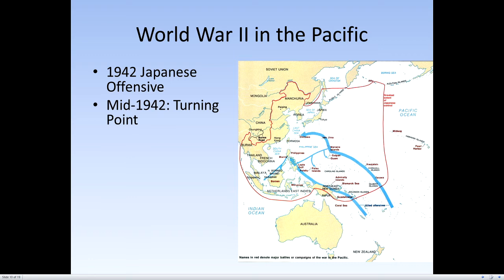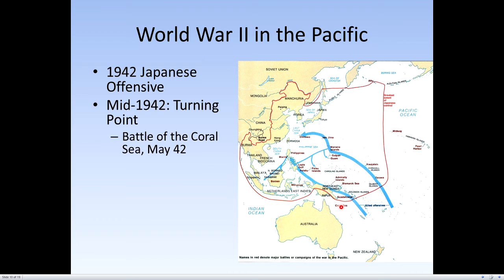In the middle of that time period, we're going to see a turning point where two things are going to happen. The first is going to be at Coral Sea right here. The next is going to be at Midway right here. At the Battle of Coral Sea, the Japanese Navy comes down here in an effort to take over the rest of Papua New Guinea, which you can see they did not quite get to the southern part of the island, and their Navy runs into our Navy, the Navy that was left over from the attack at Pearl Harbor.